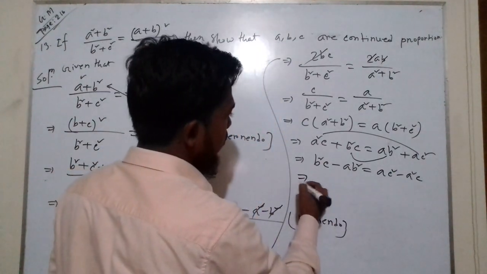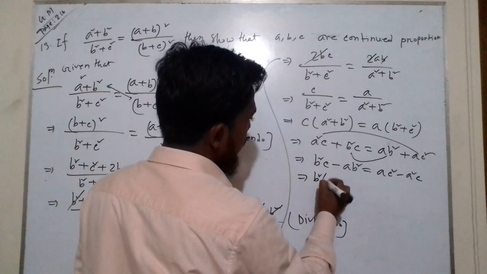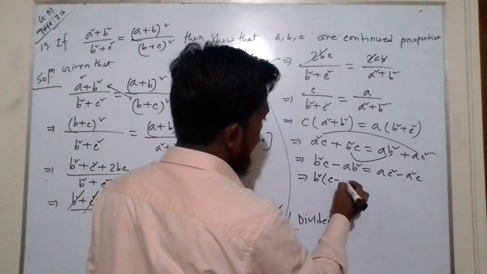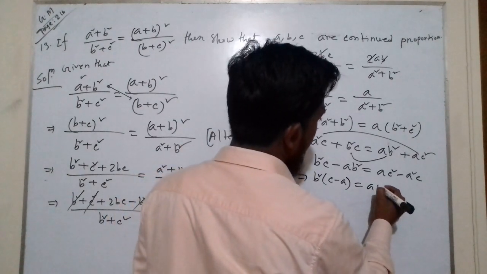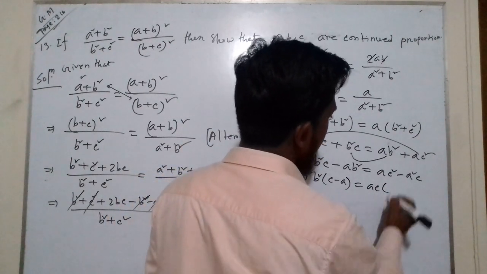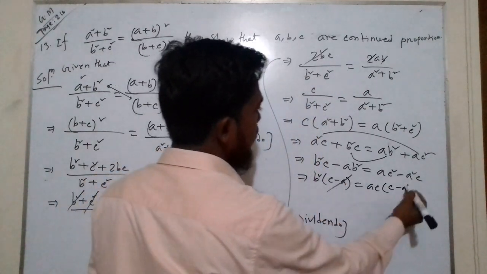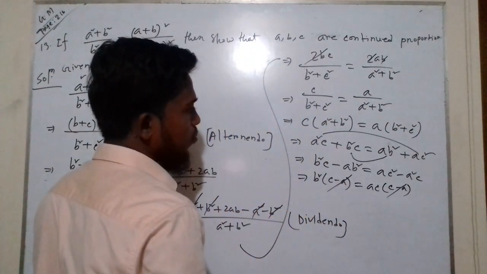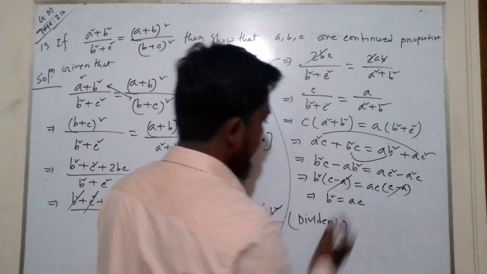Okay. If we take b square common, then we can write c minus a equal to, taking a and c common, c minus a. c minus a and c minus a cancel from both sides. Then we can write b square equal to ac.